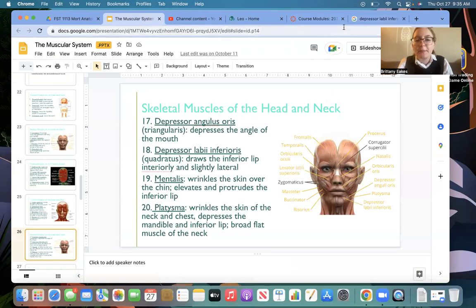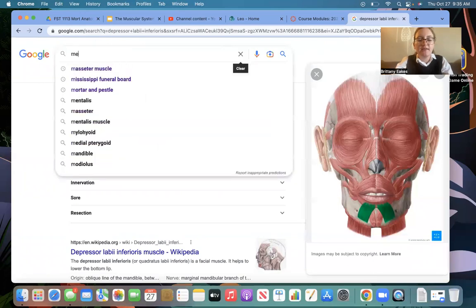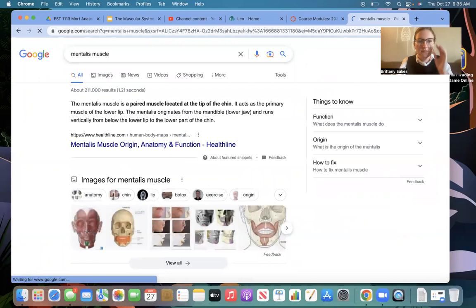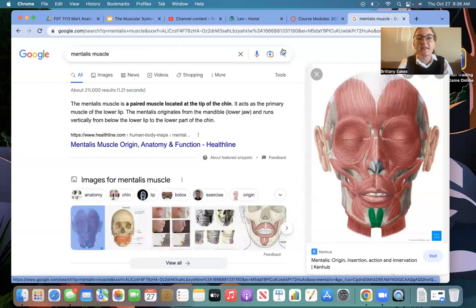We have the mentalis, which is going to be over the chin. There we go. I think I just showed that one. That's the mentalis.